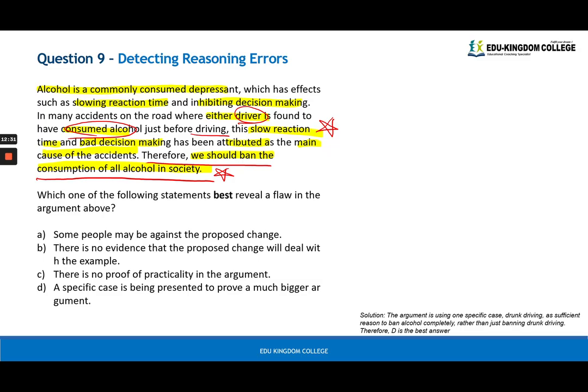So we've basically used this one specific case to show that every other case should also be banned or is wrong. So the answer here is D. Okay, a specific case has been presented to prove a much bigger argument. We cannot say just because it happened for this one specific case, everything around it should be banned as well.